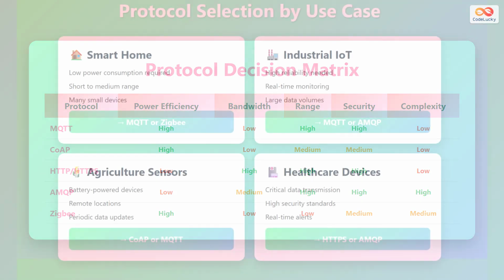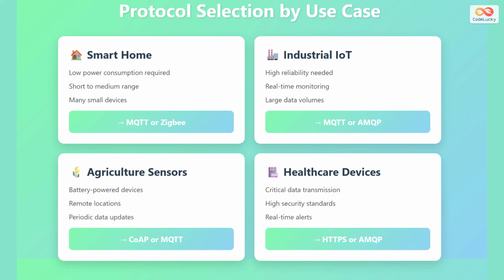Different scenarios require different protocols. For smart homes with low power consumption needs, short to medium range, and many small devices, MQTT or Zigbee are ideal. Industrial IoT applications requiring high reliability, real-time monitoring, and large data volumes should consider MQTT or AMQP.